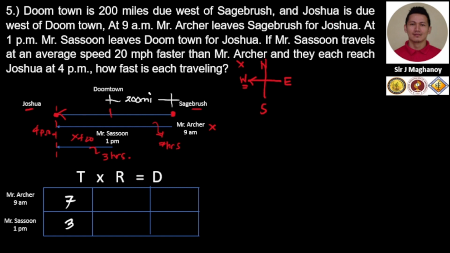So we write here, we let x be the speed of Mr. Archer, and Mr. Sassoon is traveling at 20 miles per hour faster, so that is x plus 20. Yes, that's correct. Applying time times rate equals distance, this becomes 7x, then 3 times the quantity of x plus 20.